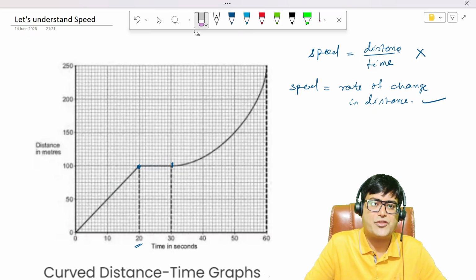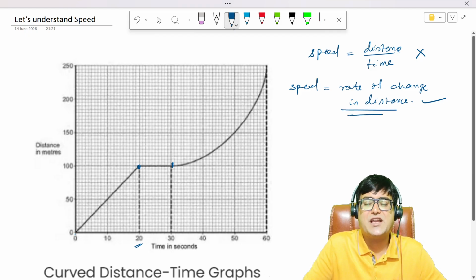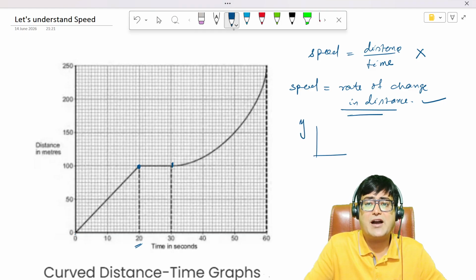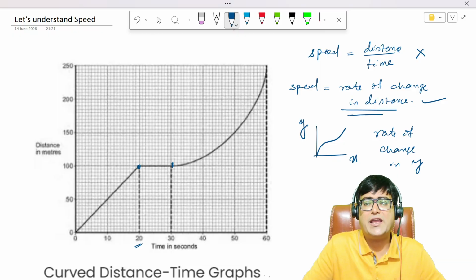Let's focus on the definition once again. It says it's the rate of change in distance. Now understand, for any graph where you have a y and an x, the rate of change in y over x simply means the gradient of the graph.